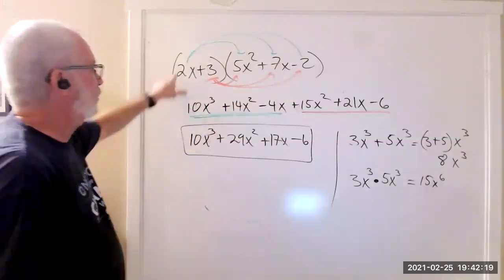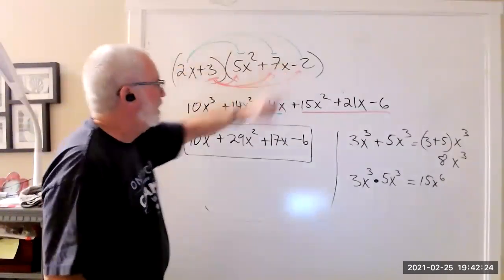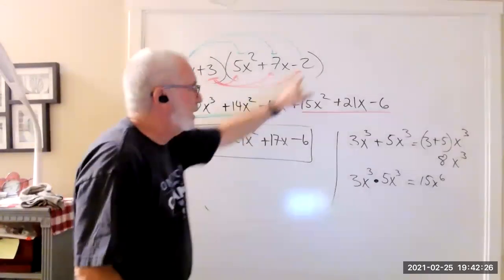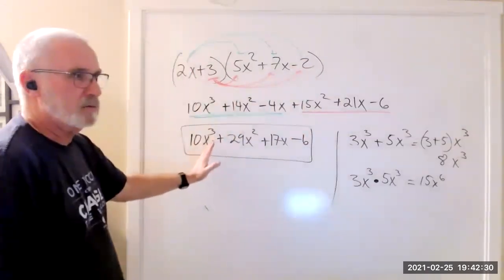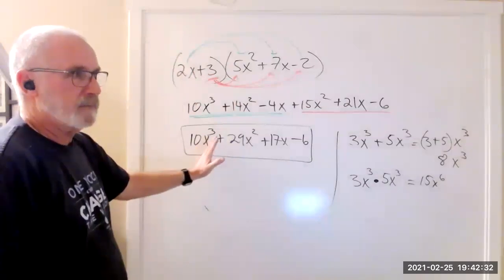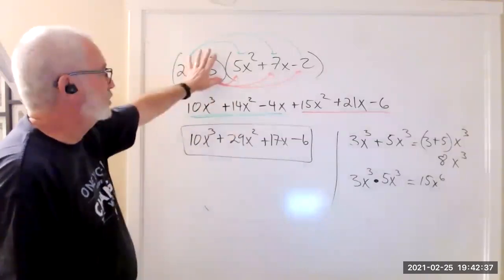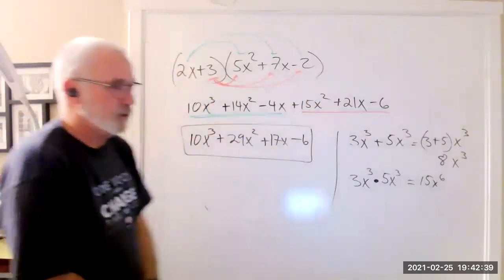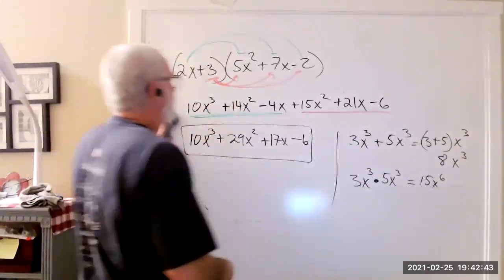They talk about double distribute. Distribute the 2x to everybody, distribute the 3 to everybody, and then combine like terms somehow. I would say 98% of the world does this problem exactly the way I've shown you. So, how about another way?